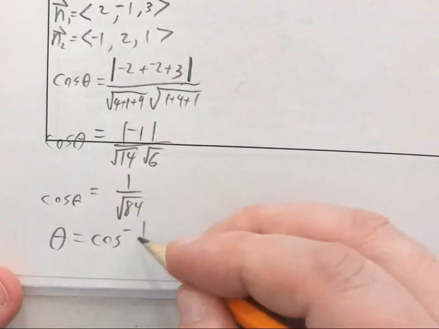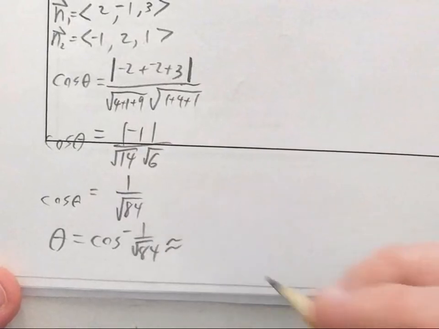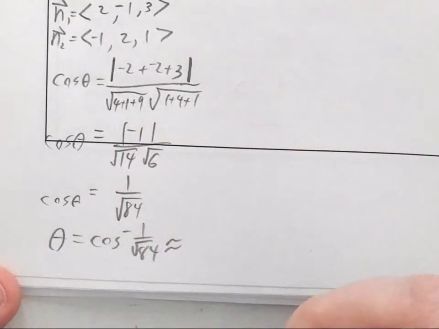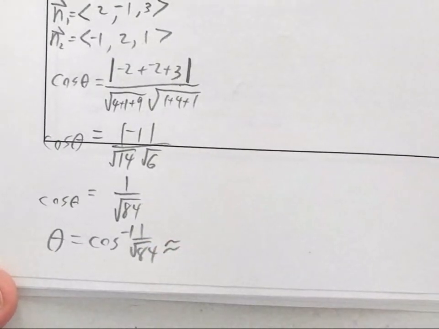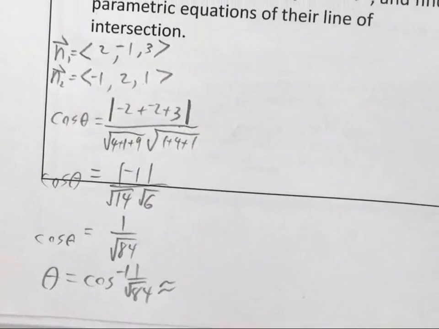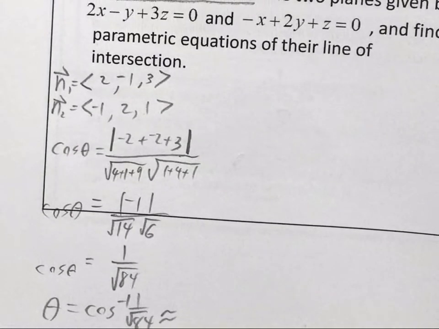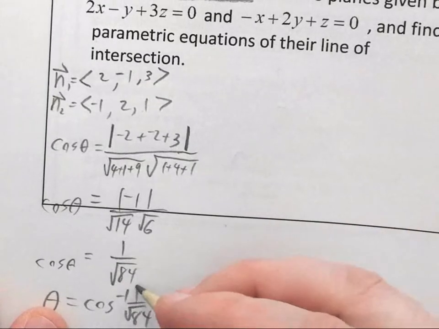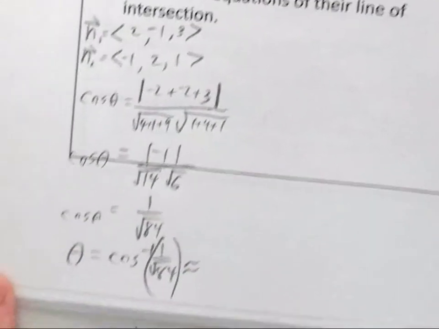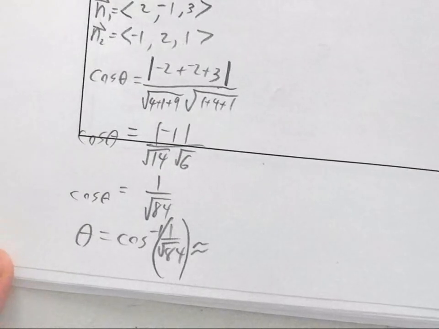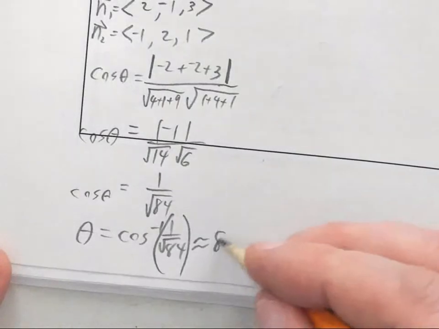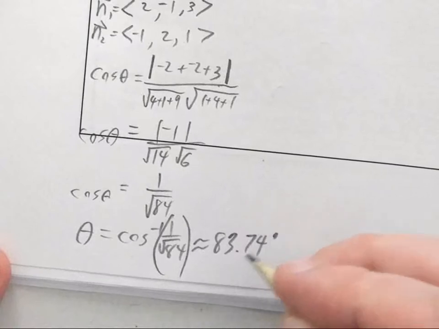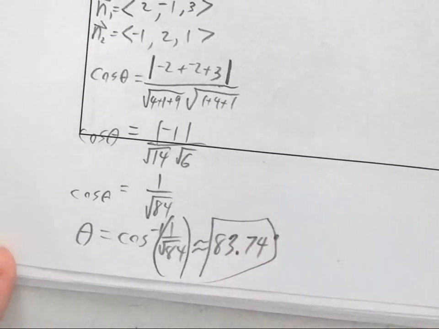If I do inverse cosine of 1 over the square root of 84, I end up with 83.74 degrees approximately. So that would be your angle between the two planes.